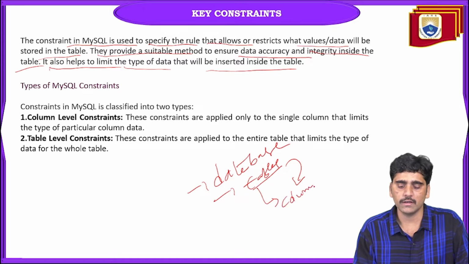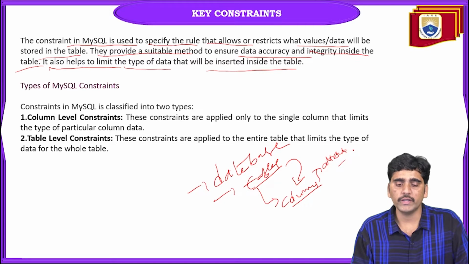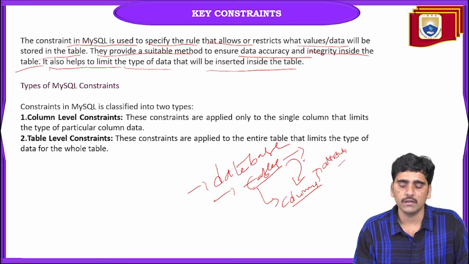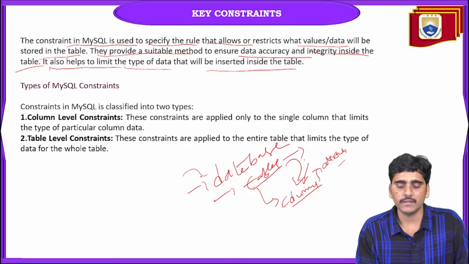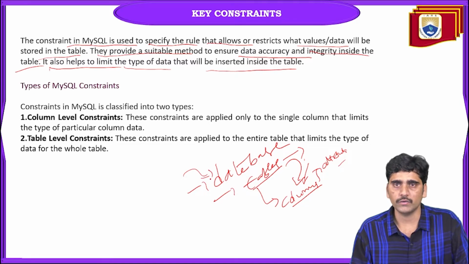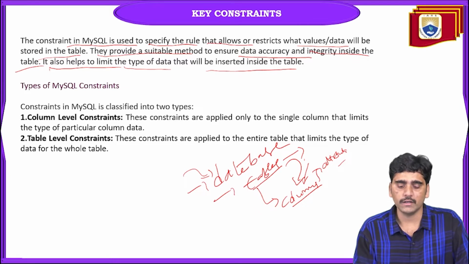Columns are also called attributes. So we can apply the constraints or conditions to the tables and also to the columns, but we cannot apply constraints to the database, right?